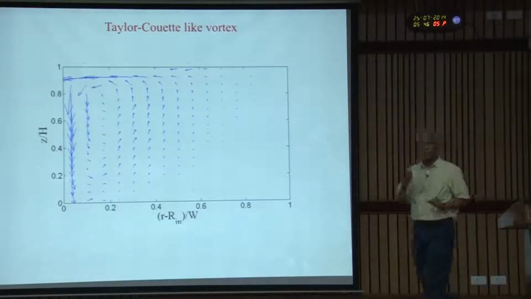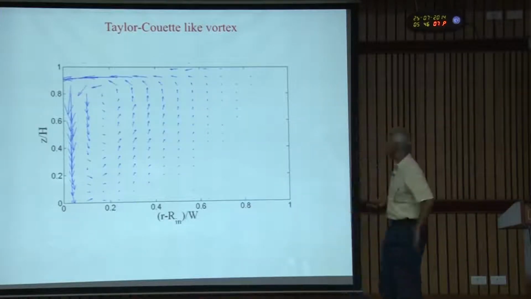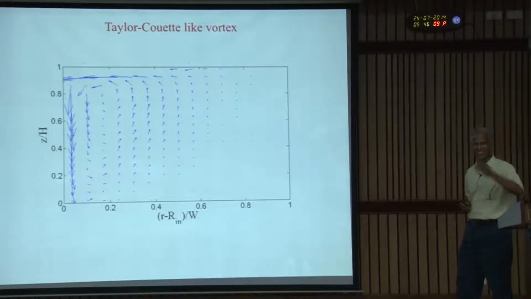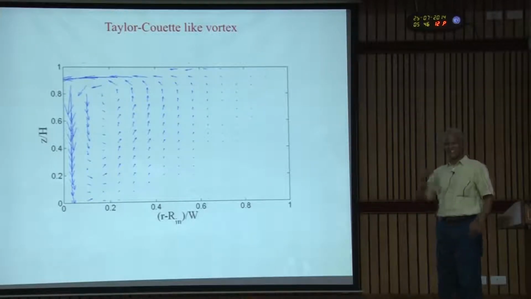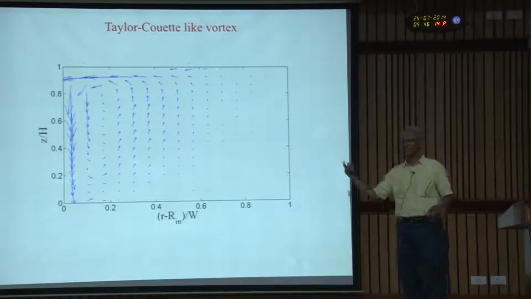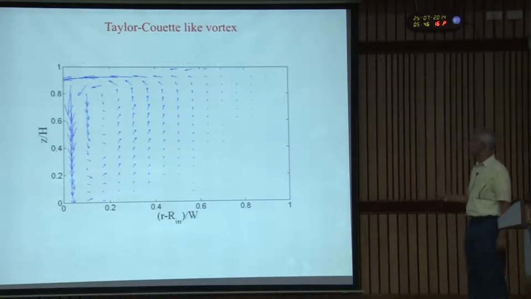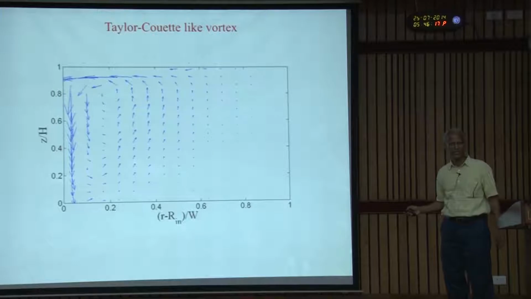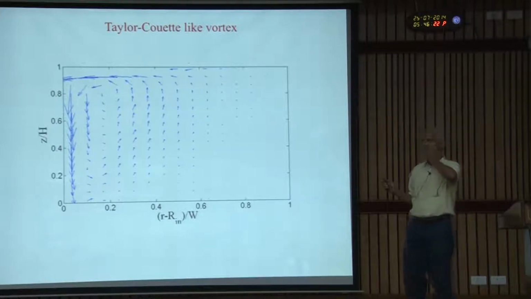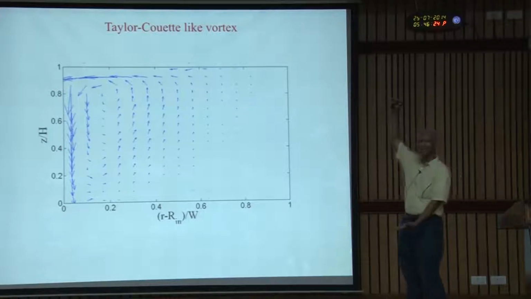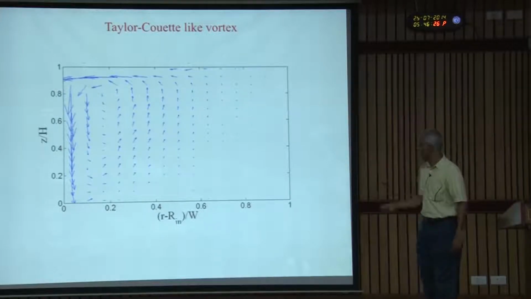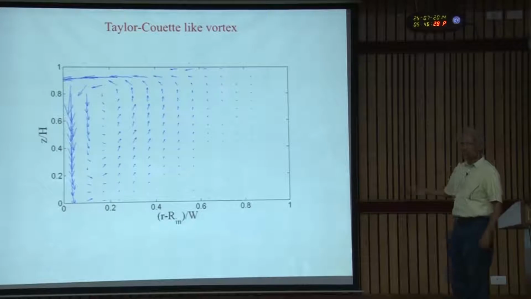And then you ask, what else are they doing? These particles are not just going round and round. The motion is not only azimuthal. There is a Taylor-Couette-like vortex, and there is only one. No matter what size of the column you choose, there is one large vortex.